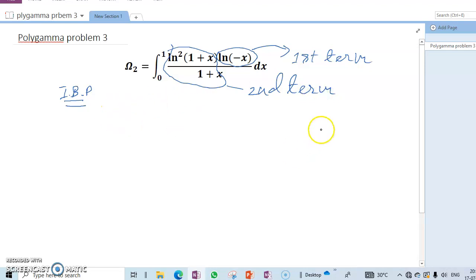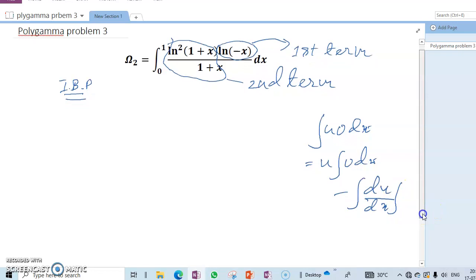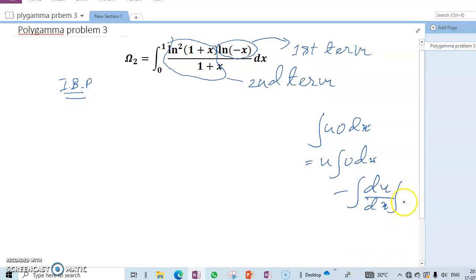The uv formula is: the integral of uv dx equals u into the integral of v dx, minus the integral of du by dx into the integral of v dx.